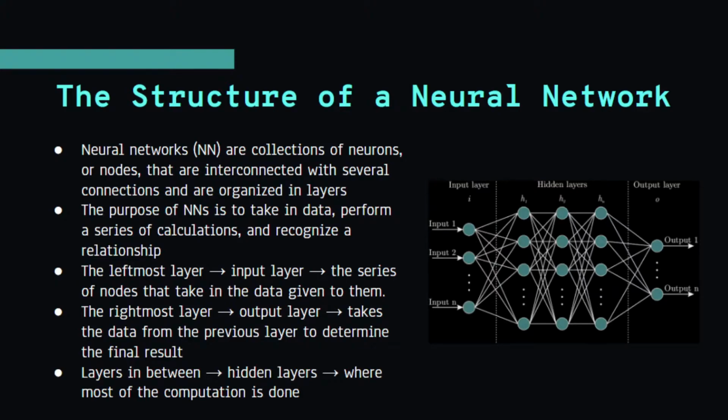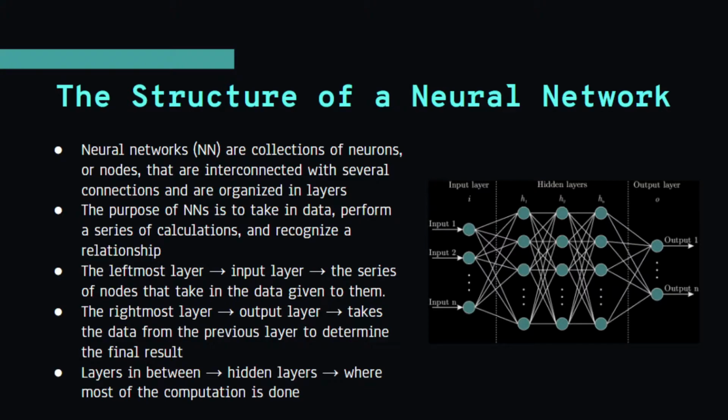The layers in between, everything between the left and the right, are called hidden layers. These layers are where most of the computation is done, so it's where most of the math happens. It's where all the calculations happen to find out whether this image is actually a shirt, or is it a sweater, or is it a sock, and so on and so forth.